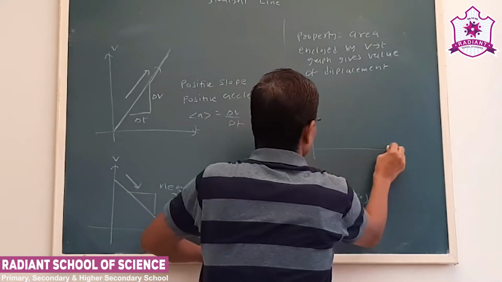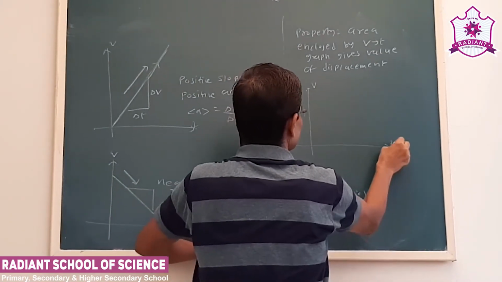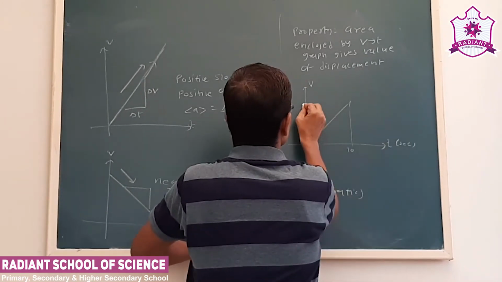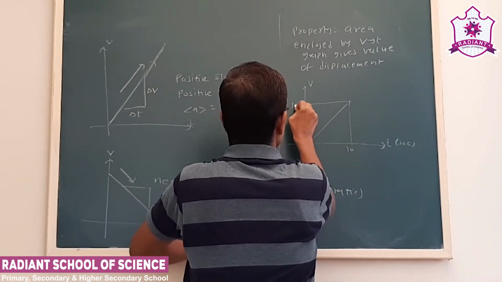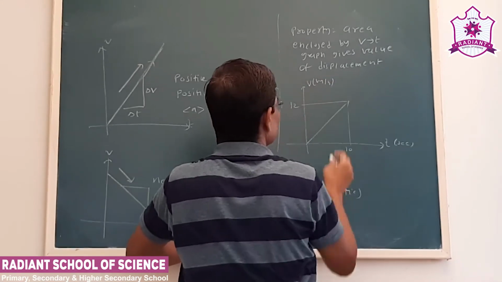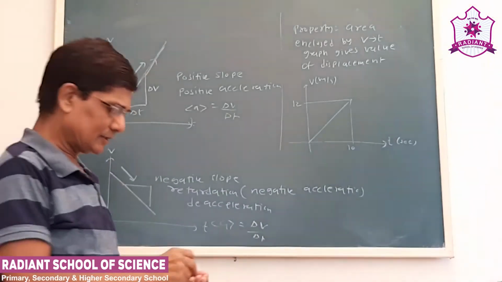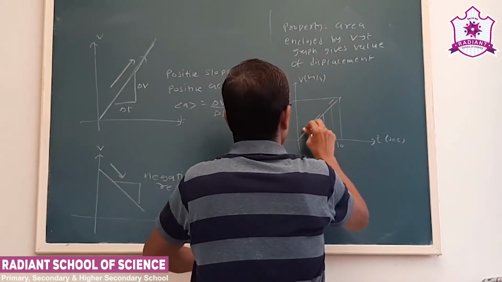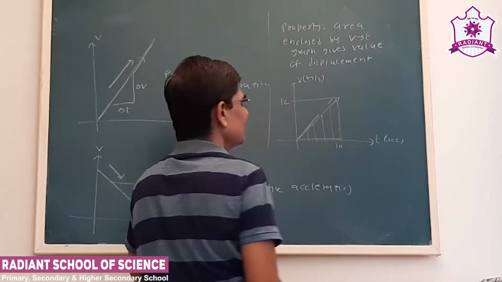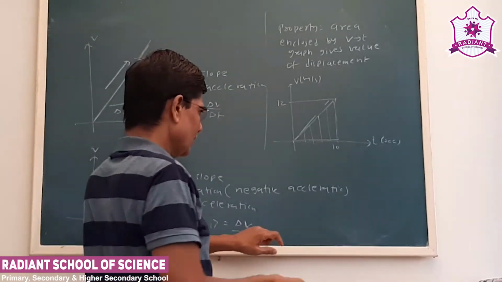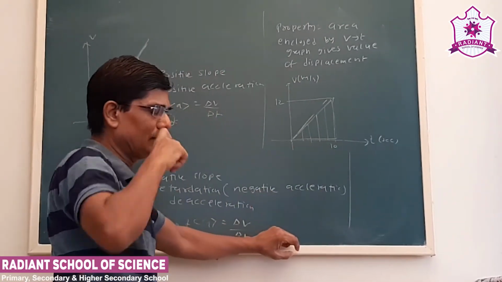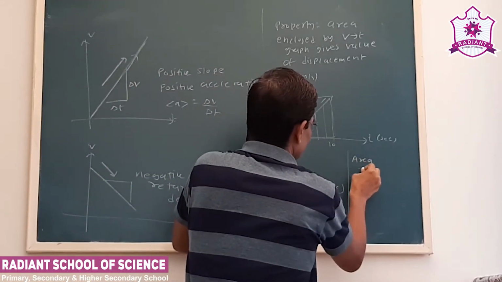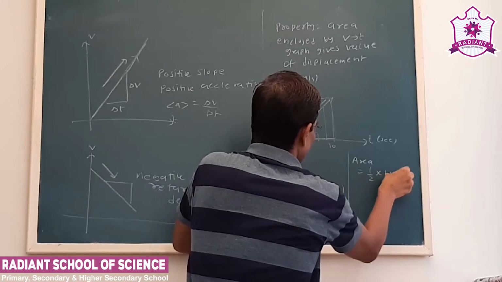For example, let us say the v versus t graph is given like this. Here time is in seconds and velocity is in meters per second. What we see here is a right angle triangle. If we calculate the area, we know the equation for the area of a right angle triangle: half into base into height.